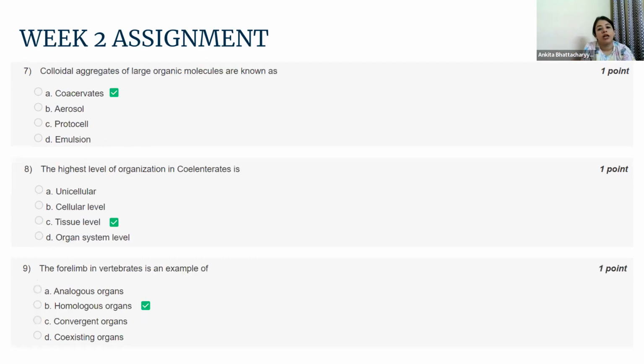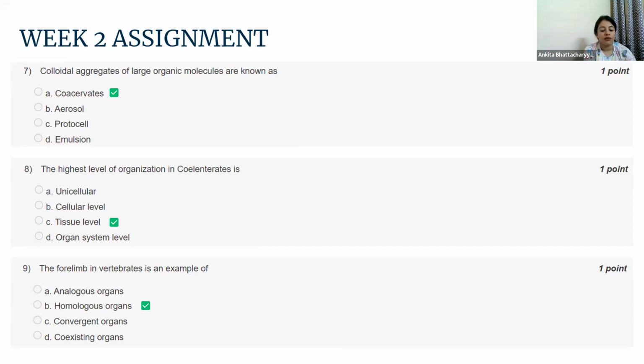Then comes: colloidal aggregates of large organic molecules are known as coacervates, aerosols, protocells, or emulsions. Obviously, the correct answer to this was coacervates. In case there was any confusion about coacervates versus protocells, if you go through the lectures a little carefully, you will see that protocells or eubionts are also considered to be coacervates.